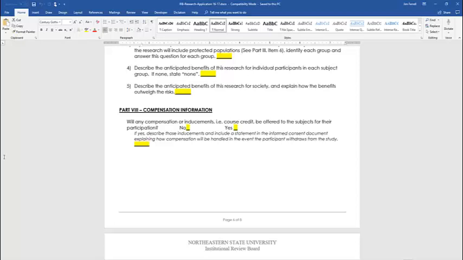And the big thing here is that we want to see that money in the consent form, and we want the researchers to explain what will happen if the participant withdraws before the end of the study. Are they going to lose the chance at the inducement or not? Okay, and so that's a clarification question that's rather common that we ask researchers when they use some kind of inducements.